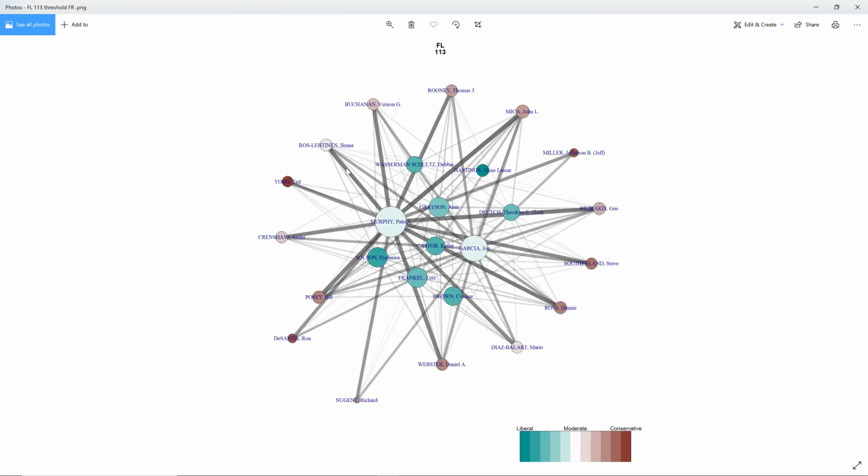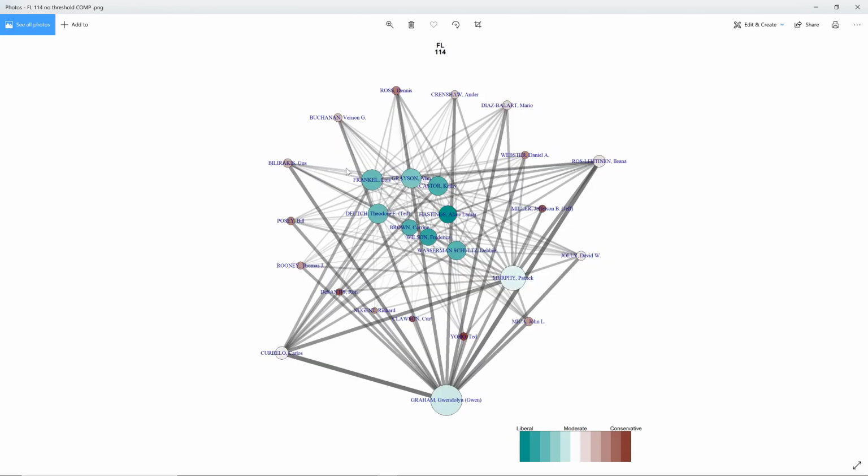So it's just different ways of representing the data, and we can choose whichever one everyone thinks looks best. This also looks very good, but with a lot of observations, it looks less good. Florida doesn't have that many representatives. So again, this is the same data with two different layouts.